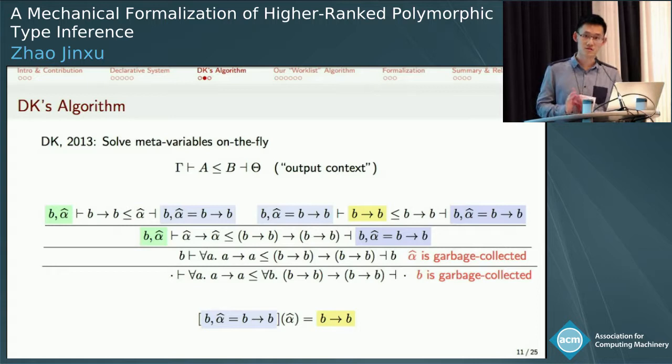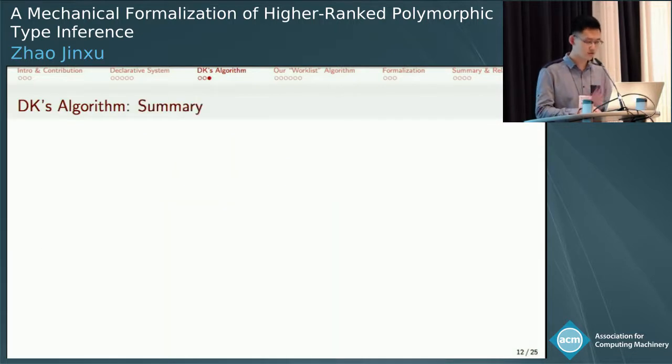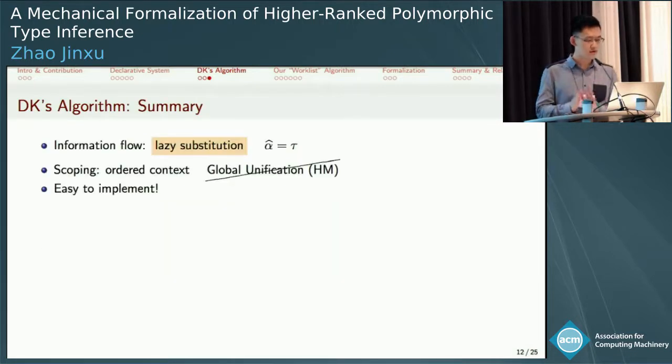I don't show the details of the rules, but they use complicated methods like a marker to mark the scoping and to collect garbage properly. Okay, a short summary. They use lazy substitution for information flow. So basically they use the record alpha equals its solution to propagate the solution.